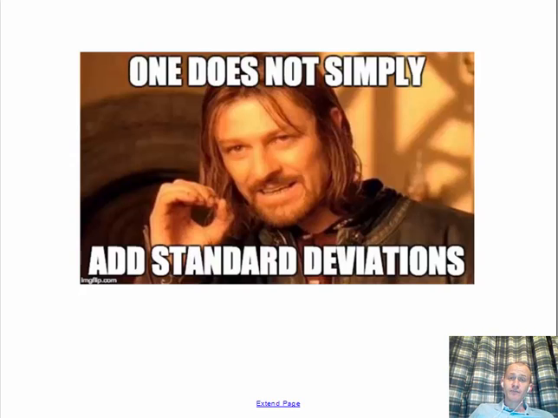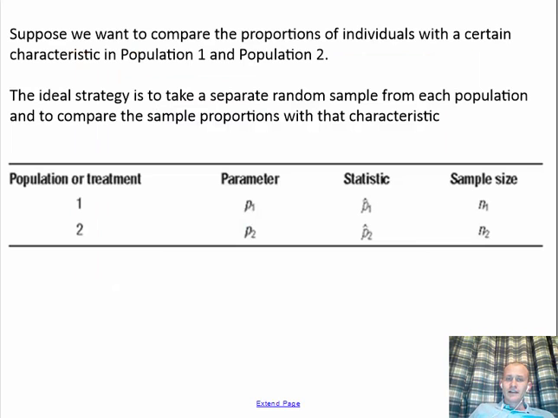You should have in your packet a few terms at the top and just a little bit of context. So I want to get into that. If we're comparing two population characteristics and we're looking at the proportions, we have a few different notations. So we usually enumerate them, population 1 and population 2, but we can also use letters to indicate which population we're talking about.